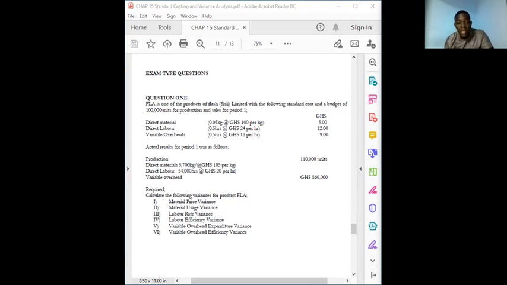So it's actual quantity minus standard quantity times the standard price. Now from this question, what was our actual quantity? Our actual quantity is equal to 5,700 kg.